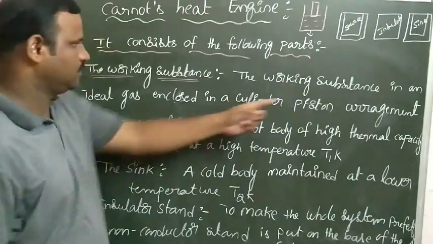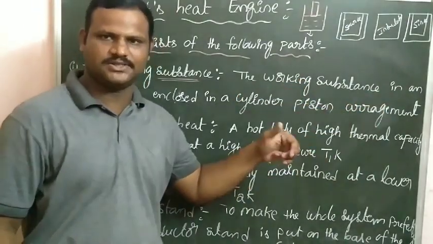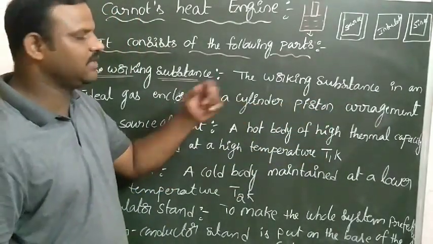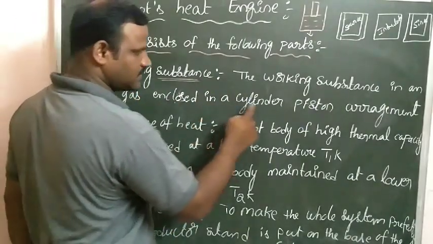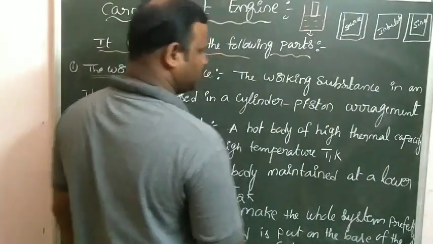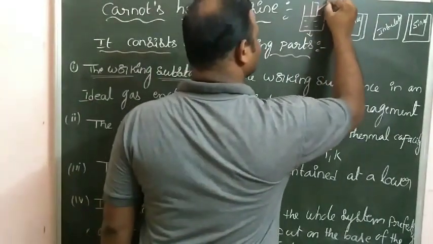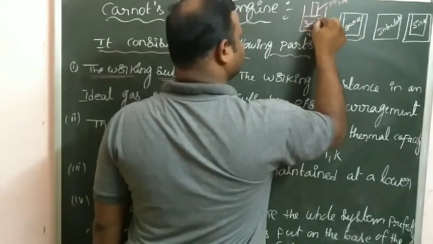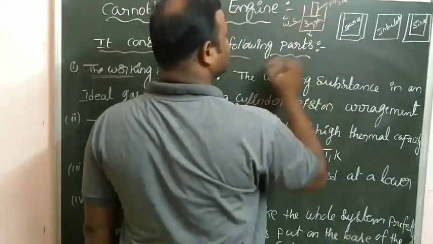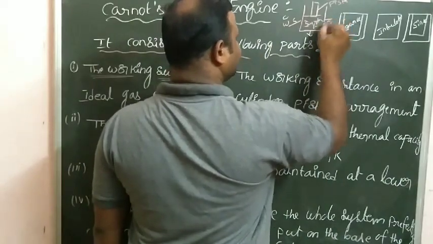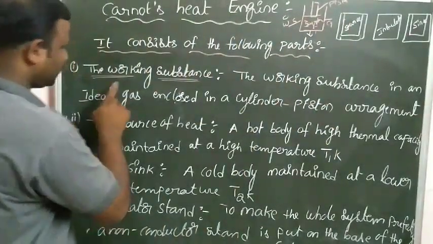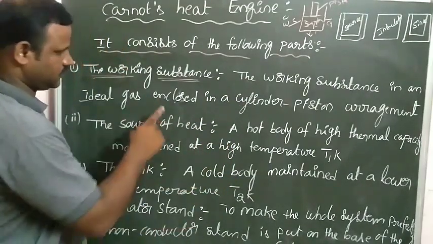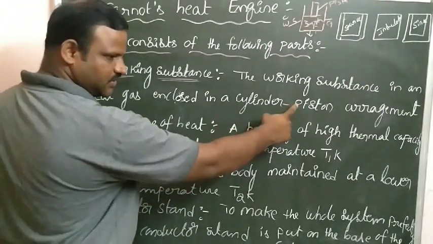The working substance is an ideal gas enclosed in a cylinder piston arrangement. This is the piston, this is the system, this is the working substance, this is the cylinder, this is the insulator.